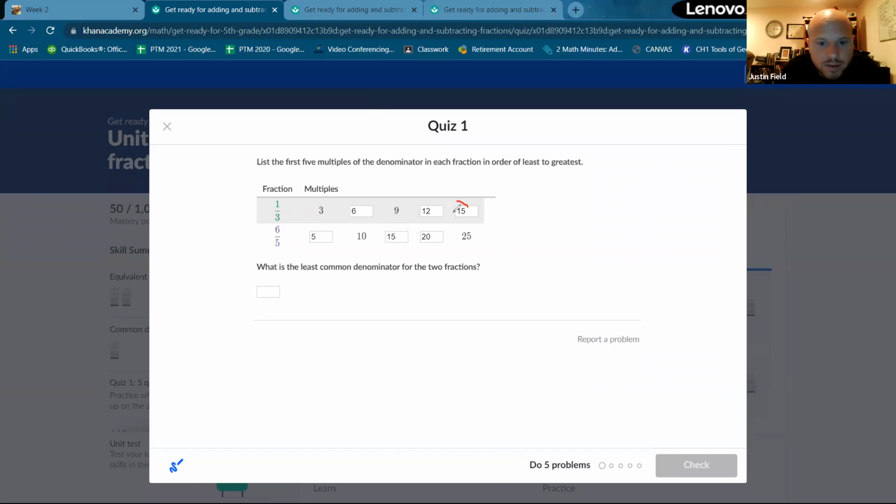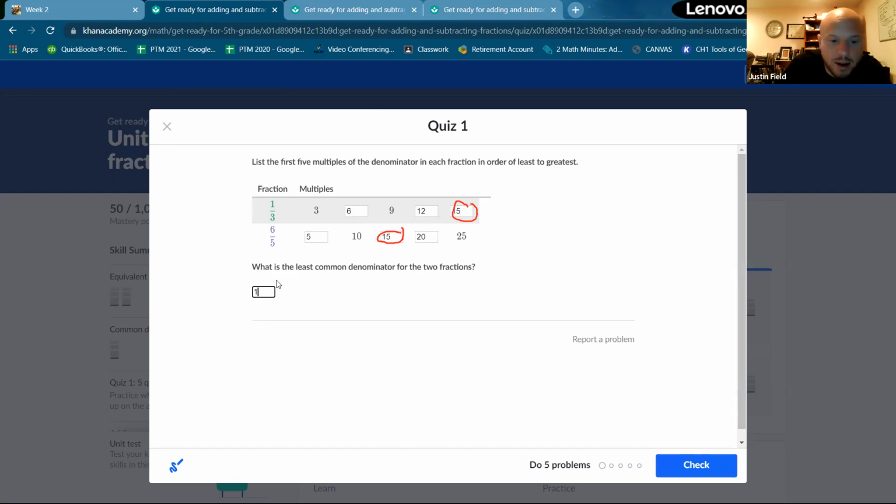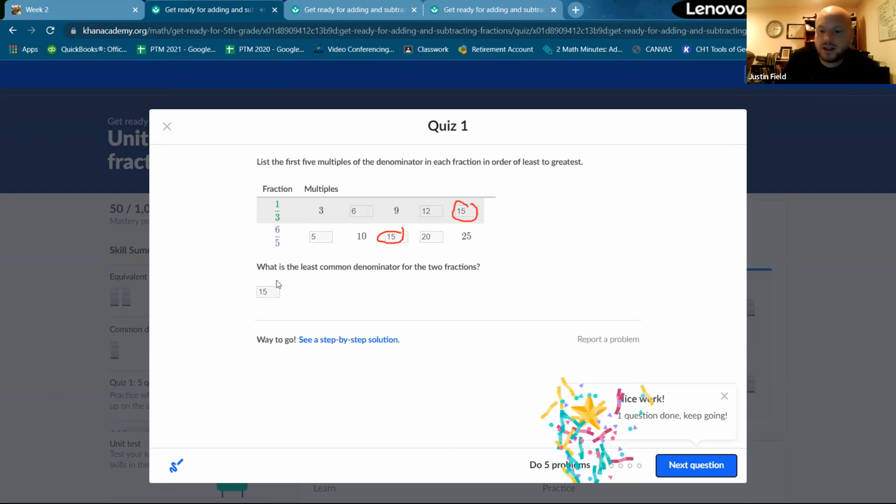I see 15 in both lists. That is our common denominator. So when we want to find common denominators, we write out the multiples of the denominator for each fraction in order to find the multiple that is in both lists.